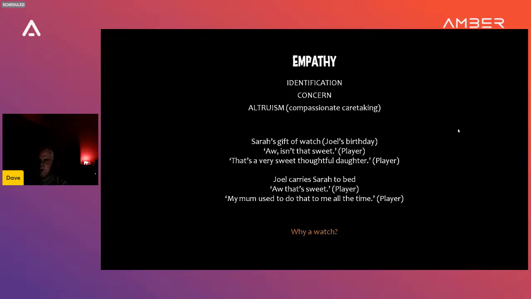So if we understood that Sarah's been saving her pocket money for 6 months, has been running errands for the neighbors, maybe she's been working night shifts in a sewage farm, I don't know, really suffering, a lot of herself goes into that gift of a watch. It's really, really curious.